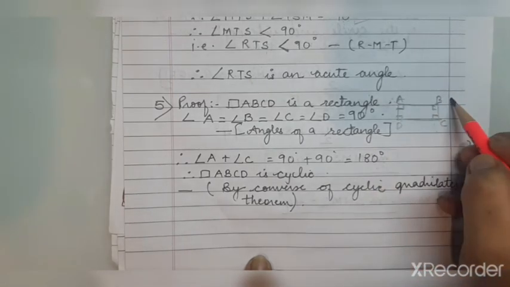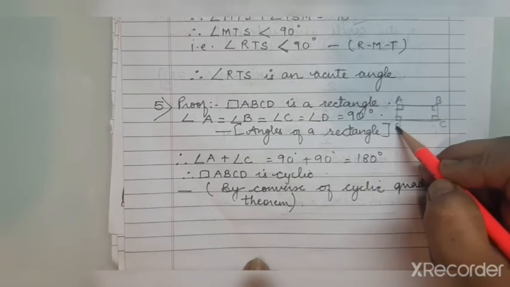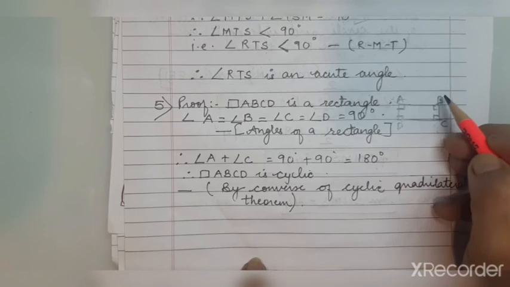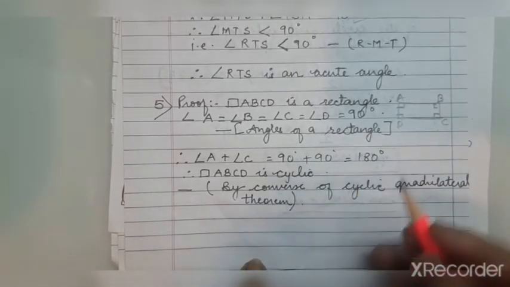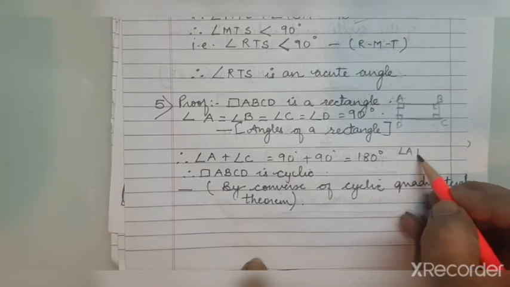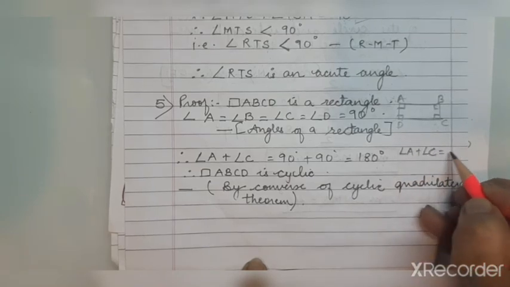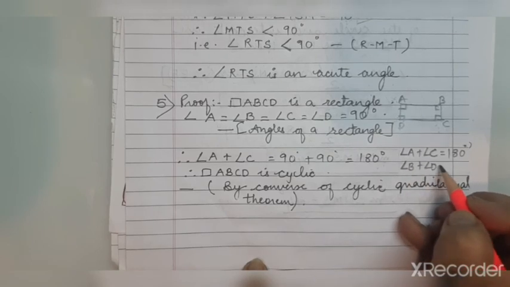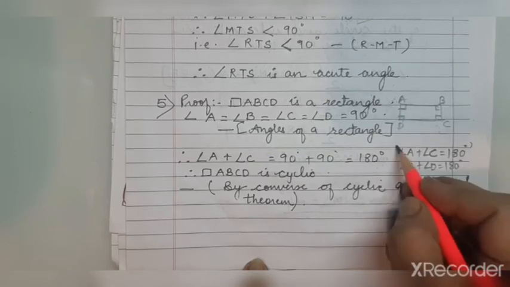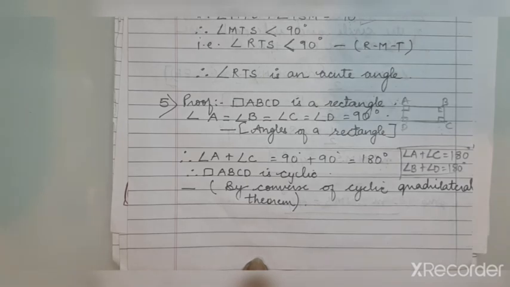Same way with the other also: angle B plus angle D is equal to 90 plus 90, 180 degrees in a rectangle. Now, this property, that the sum of the opposite angles is equal to 180 degrees, is a property of a cyclic quadrilateral.